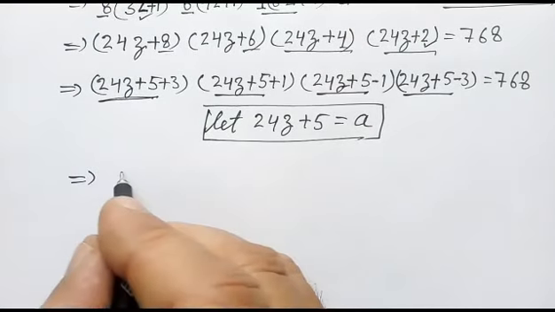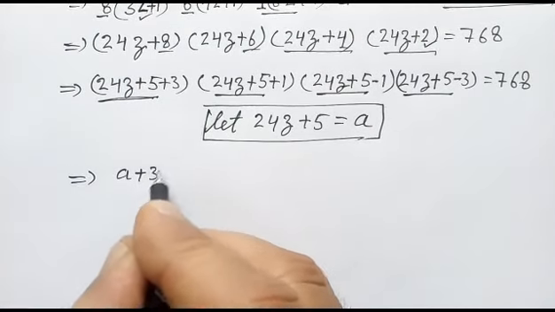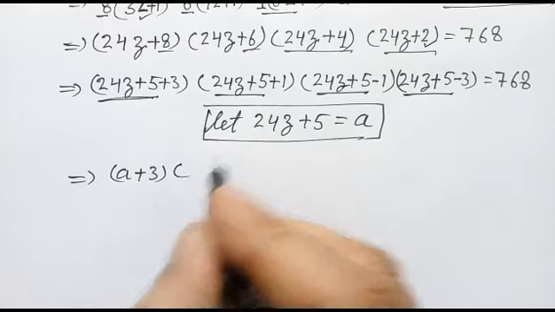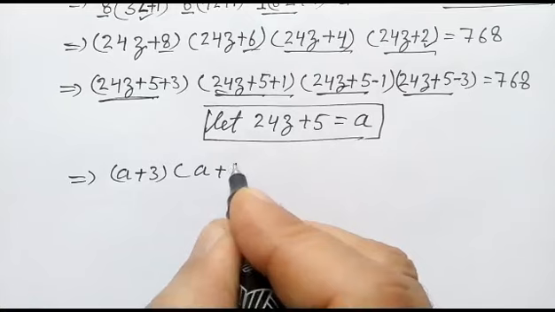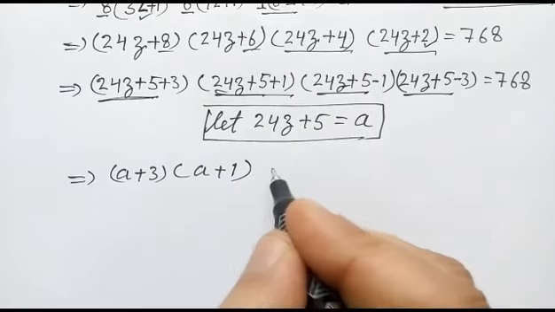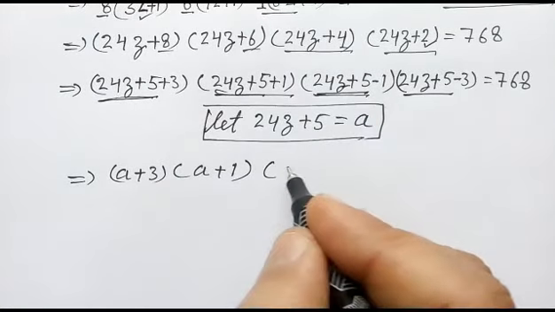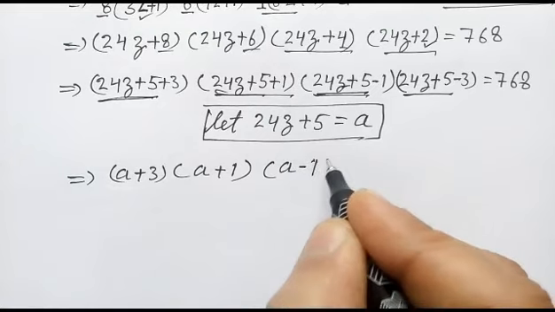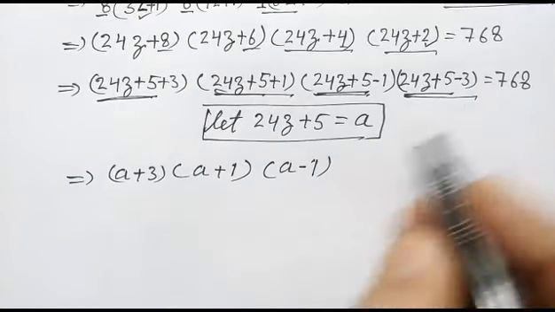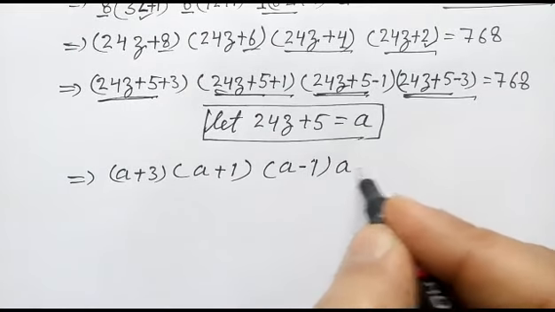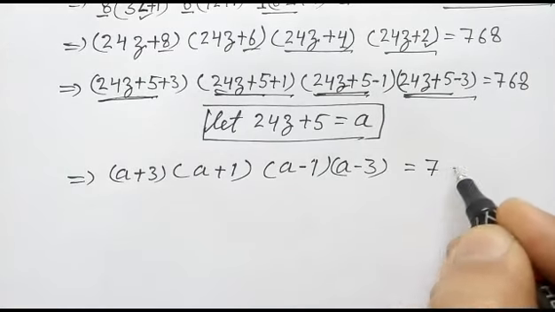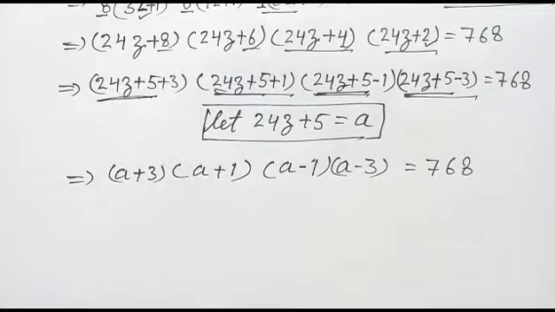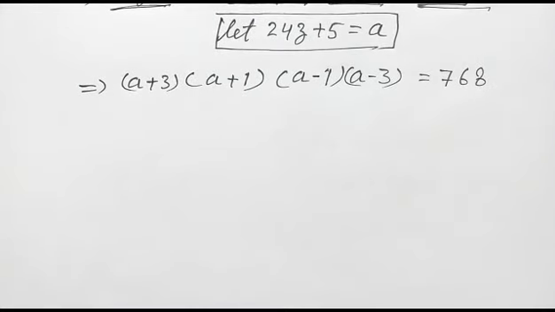Now this can be written as a plus 3, this as a plus 1, this as a minus 1 and this as a minus 3, is equal to 768, right?